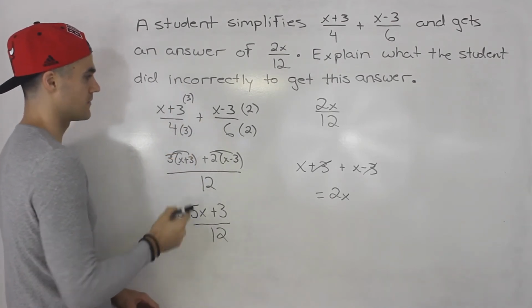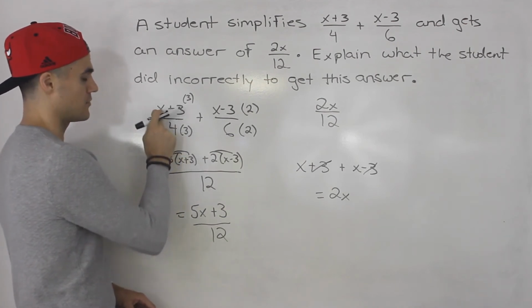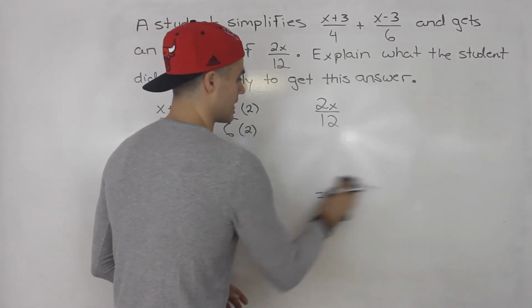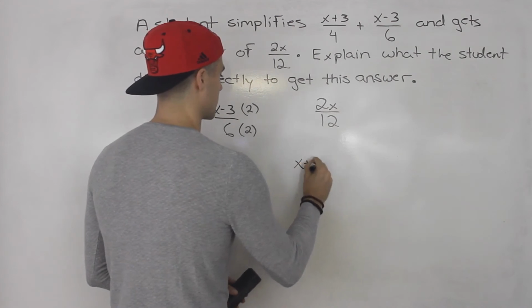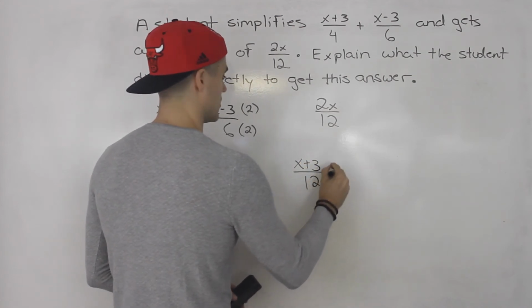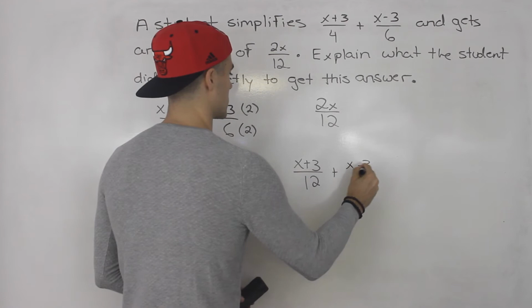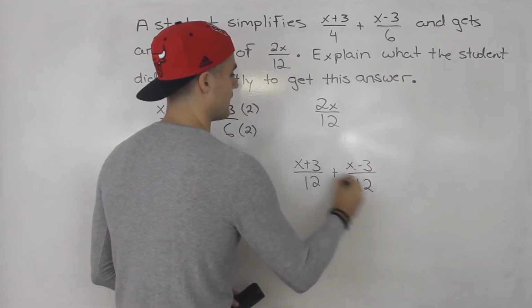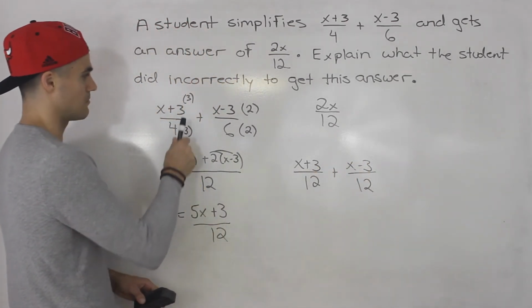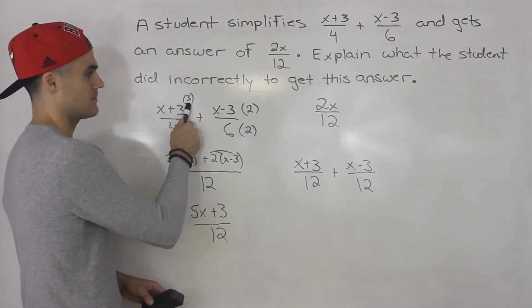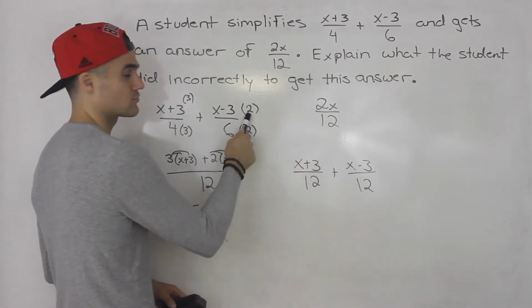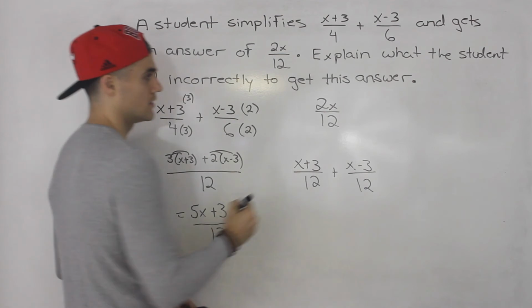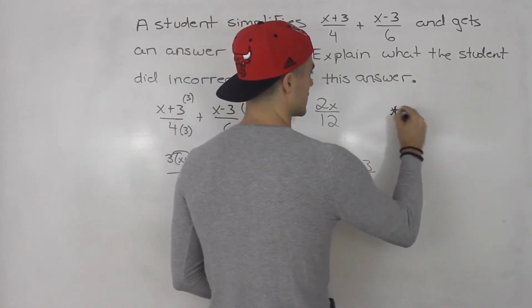So what they did was they kept the numerator as is. So they had (x + 3)/12 + (x - 3)/12, and they just added those. But they had to multiply the x + 3 by 3, and they had to multiply the x - 3 by 2. So it's kind of tough to say in words.